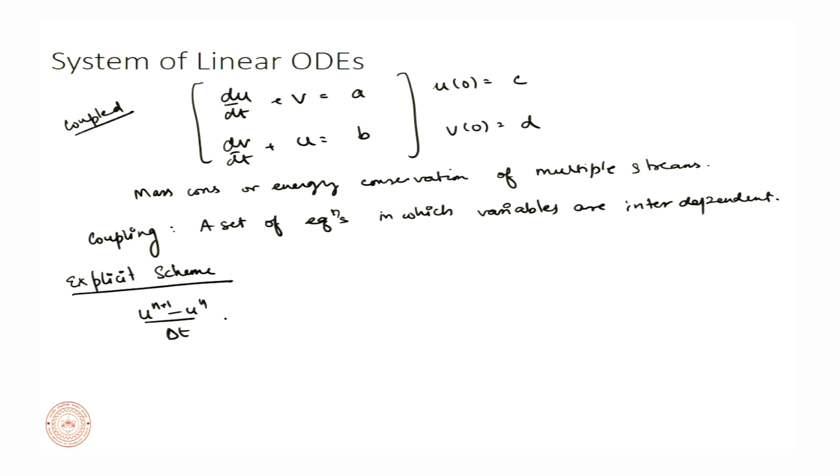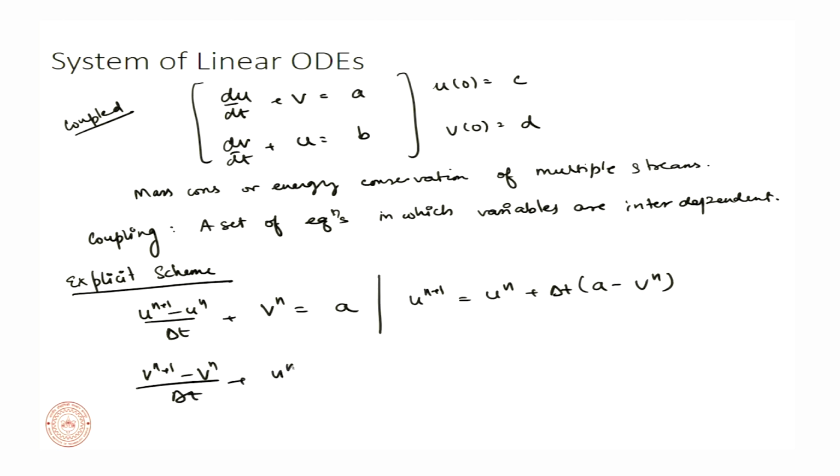In explicit, we will take v as from the last time step, v^n equals a, which means that u^(n+1) will be equal to u^n plus delta t (a minus v^n), and then (v^(n+1) minus v^n) over delta t plus u^n, again the last time step.